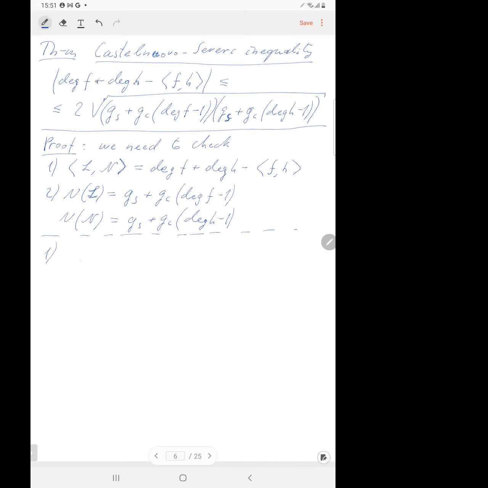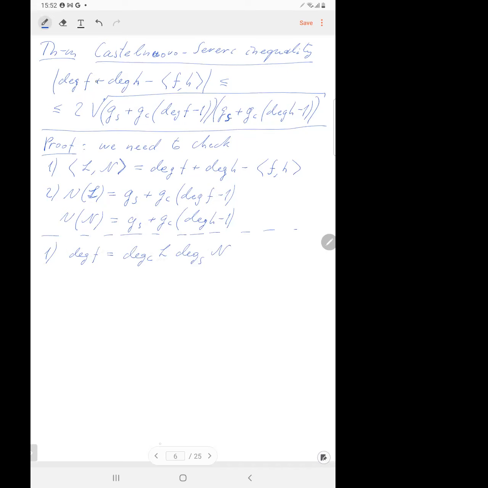And for the first part, it's almost immediate. So we know that the degree of f equals the degree along C of L times the degree along S of N. Why is this so?